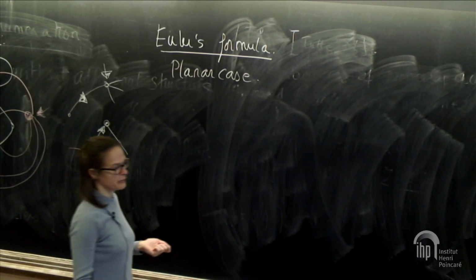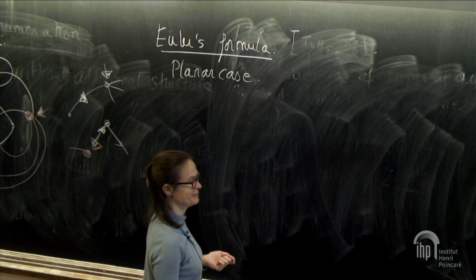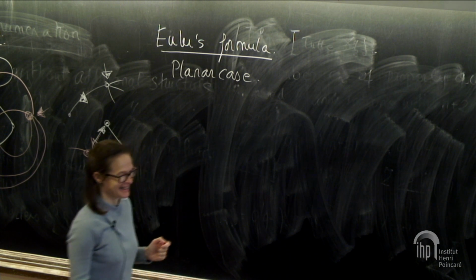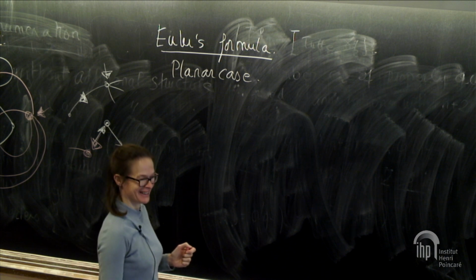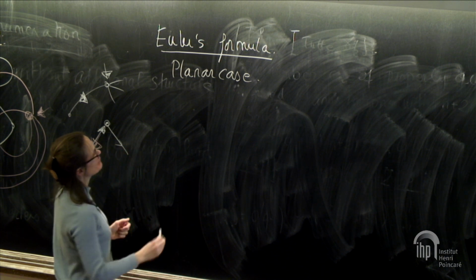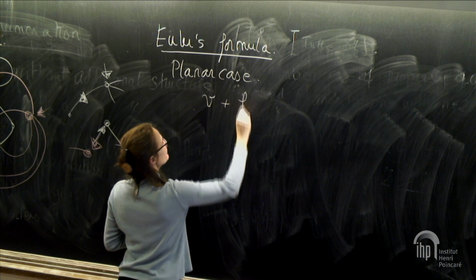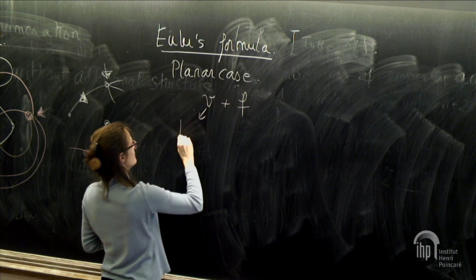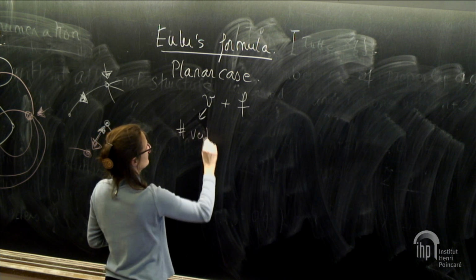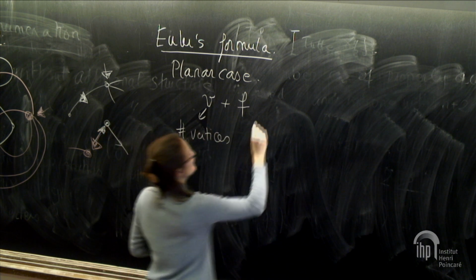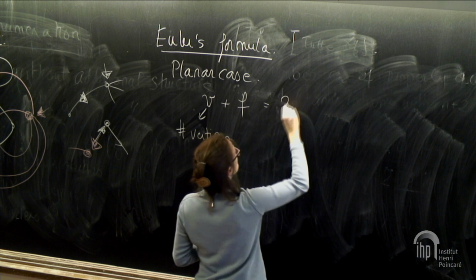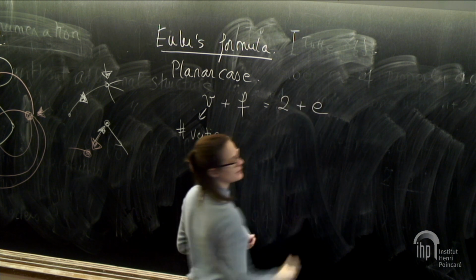So it tells you that for any planar map, the number of vertices plus the number of faces is equal to 2 plus the number of edges.